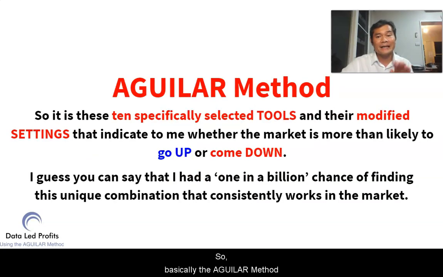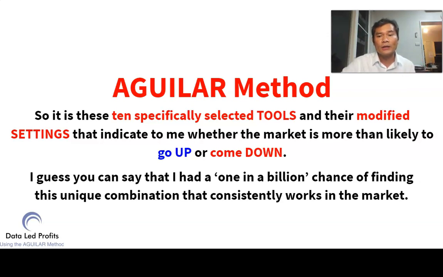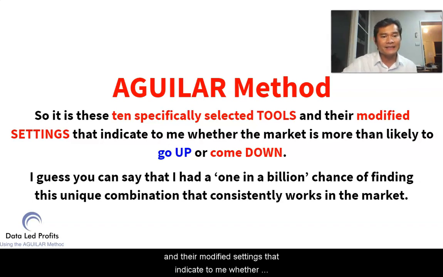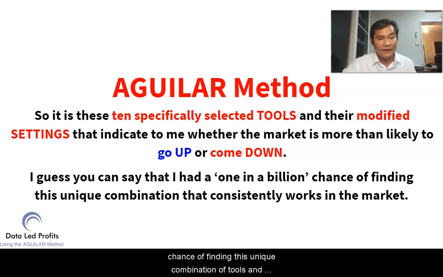So basically the Aguilar method, it is these 10 specifically selected tools and their modified settings that indicate to me whether the market is more than likely to go up or come down. I guess you can say that I had a 1 in a billion chance of finding this unique combination of tools and settings that consistently works in the market for me.